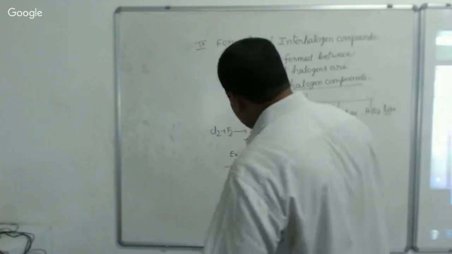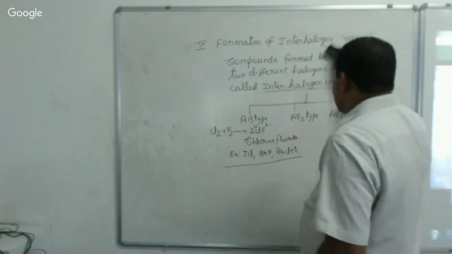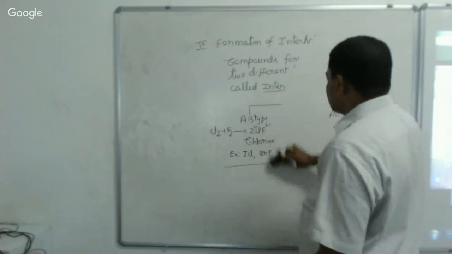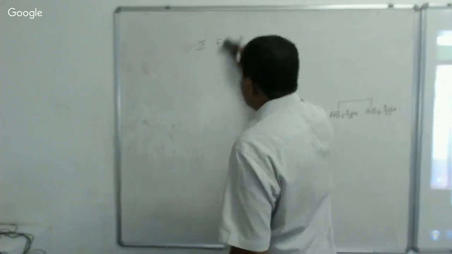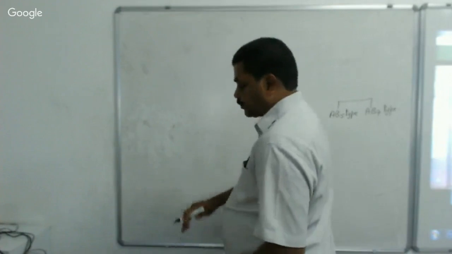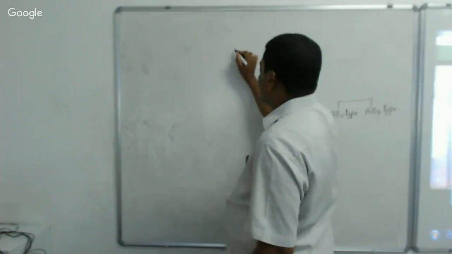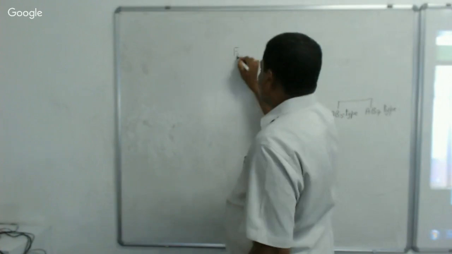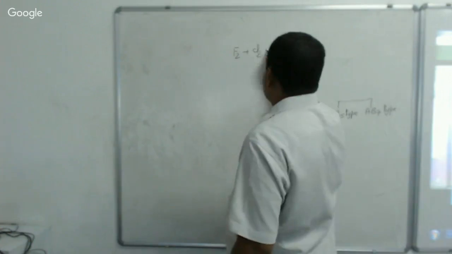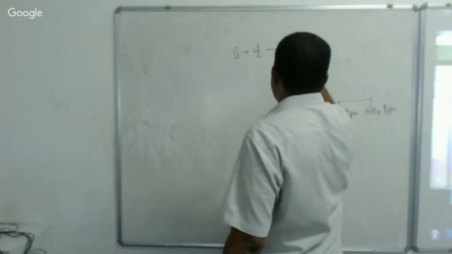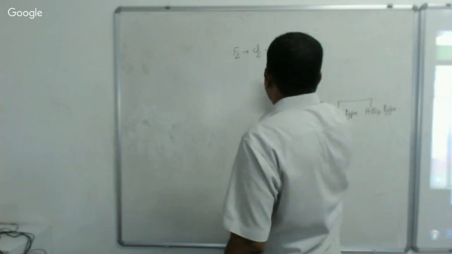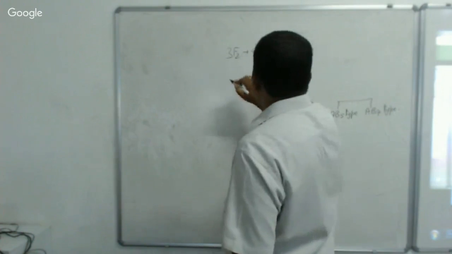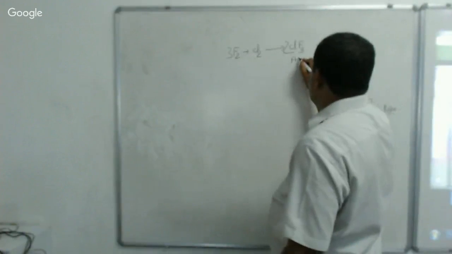If you go for AB3 type of interhalogen compounds, AB type I finished. Now AB3 type. For example, Cl2 plus 3F2 gives 2 ClF3. So this is AB3 type.